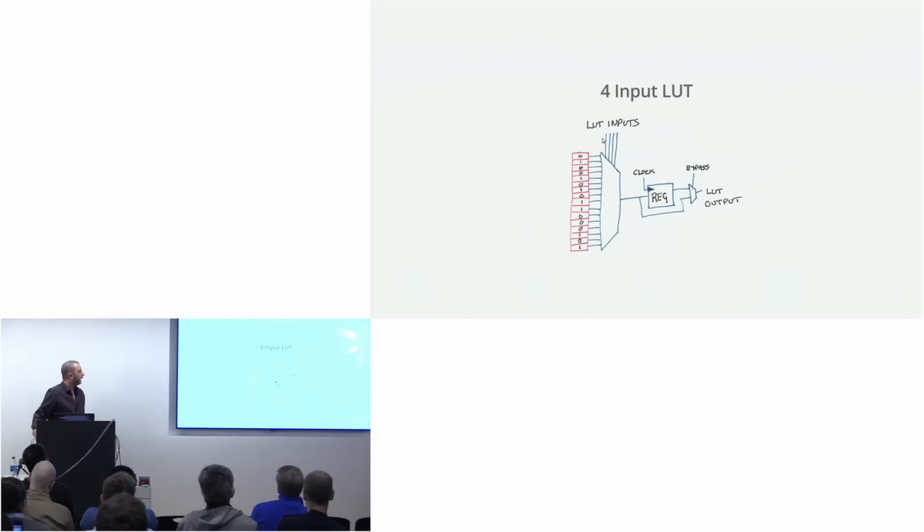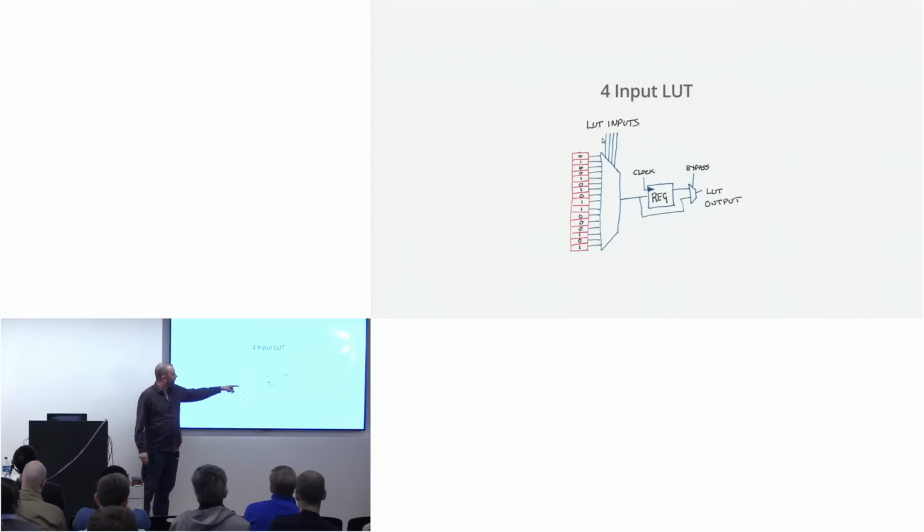The LUT inputs then drive the select of this multiplexer, and basically the 4 LUT inputs can address any one of these 16 cells. And with that architecture, you can basically implement any 4-input Boolean function you like. I should mention that modern FPGAs tend to use 6-input LUTs these days, but that was a lot easier to draw.